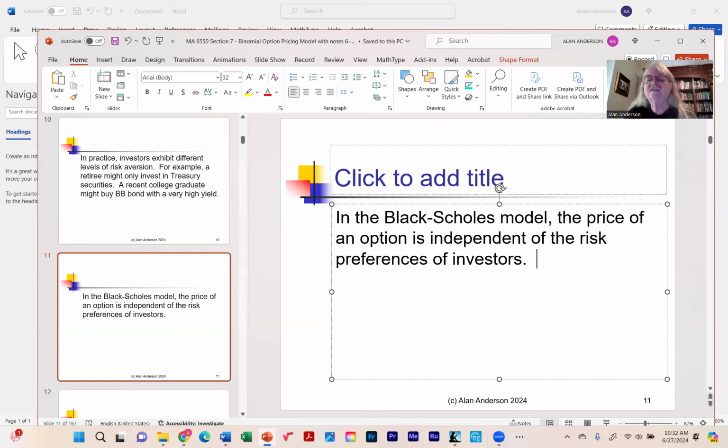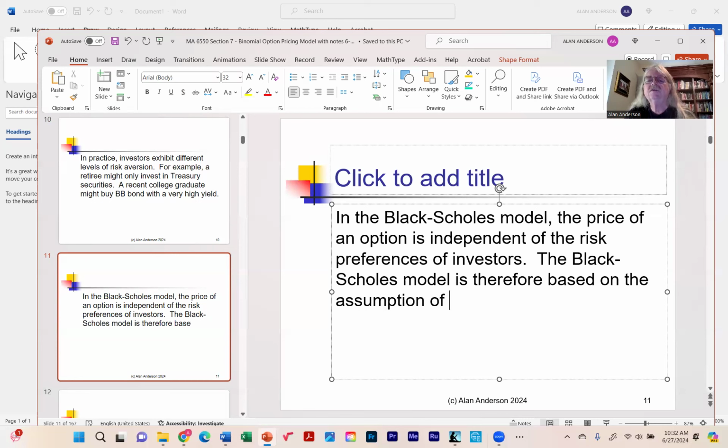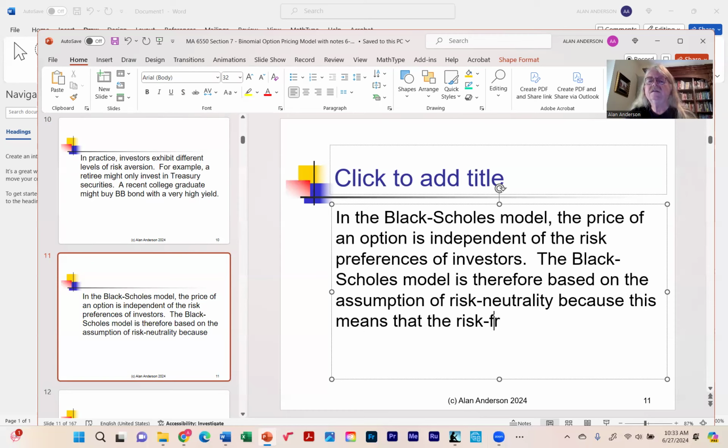So that being the case, the Black-Scholes model is therefore based on the assumption of risk neutrality, because this means that the risk-free rate can be used to discount all cash flows.